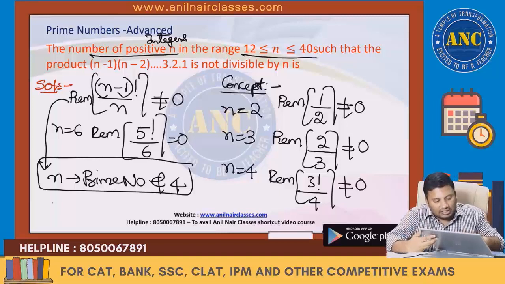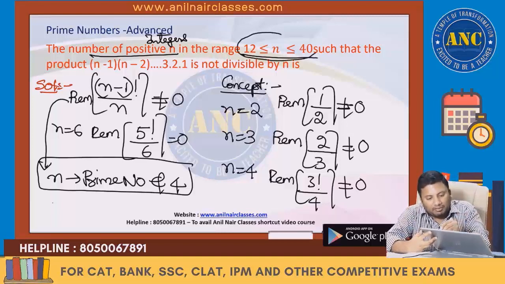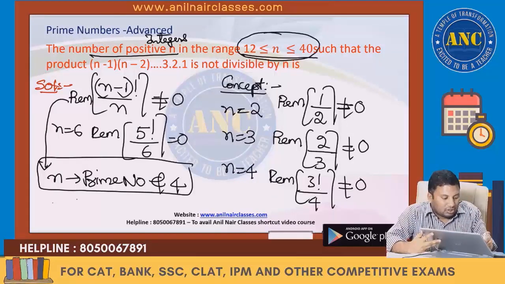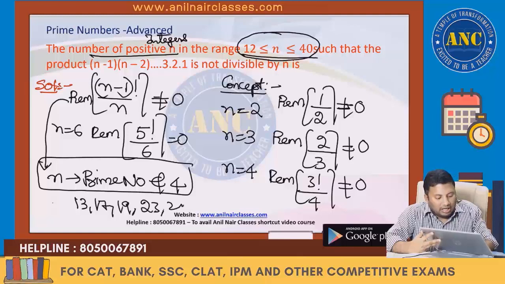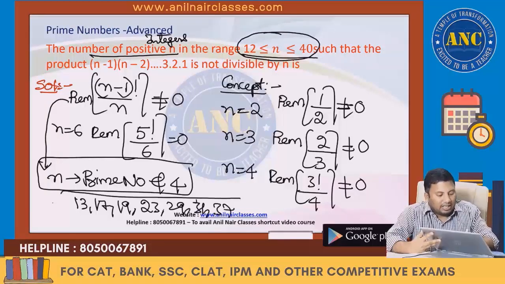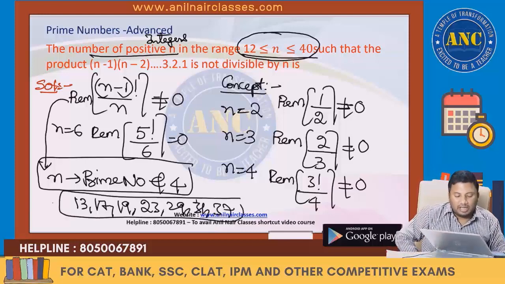But the question is, n is a prime number from 12 to 40. So this will be 13, 17, 19, 23, 29, 31 and 37.